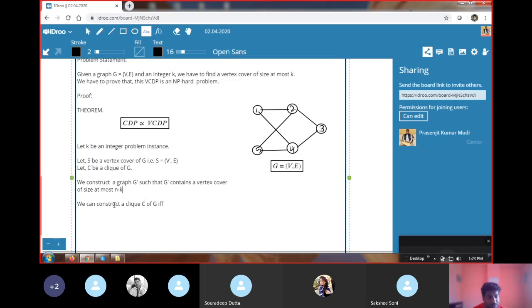Then we can say that there exists a clique of G if and only if G dash contains a vertex cover of size at most n minus k.